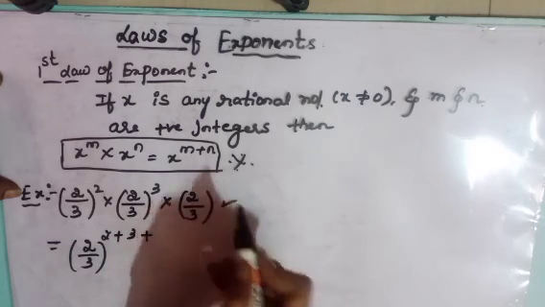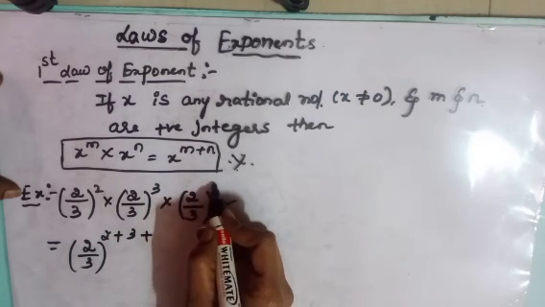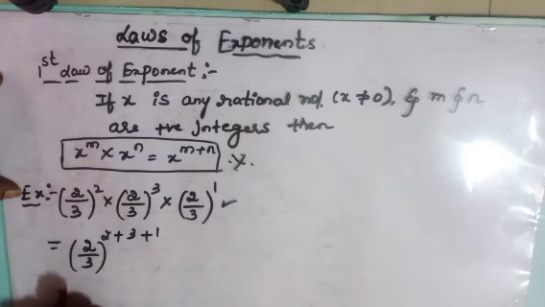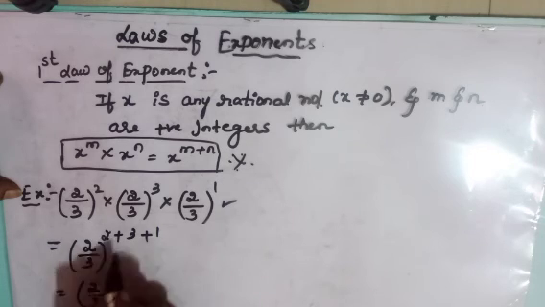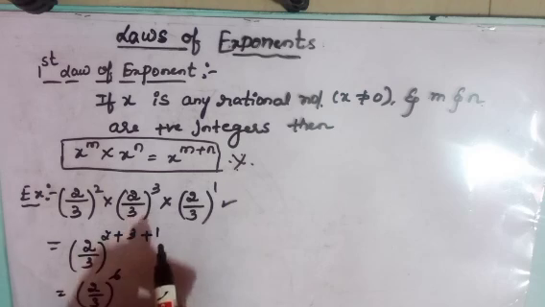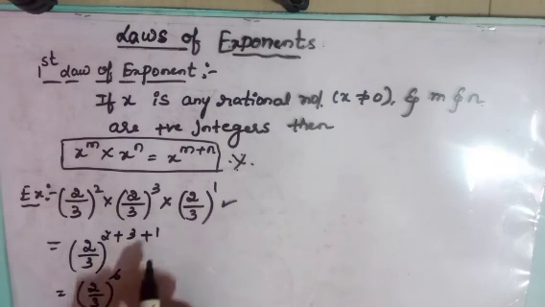When there is no power, we have to write it as 1. So here the power is 1. Equals 2 by 3 whole to the power of 2 plus 3 is 5, 5 plus 1 is 6. 2 by 3 whole to the power of 6. So we can apply the first law and solve this problem.